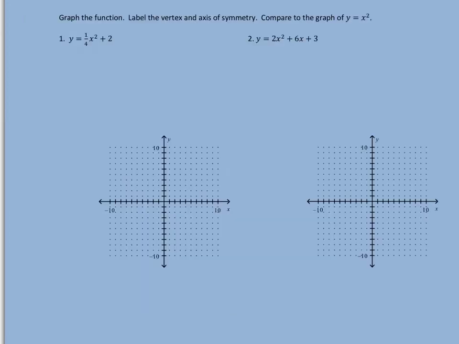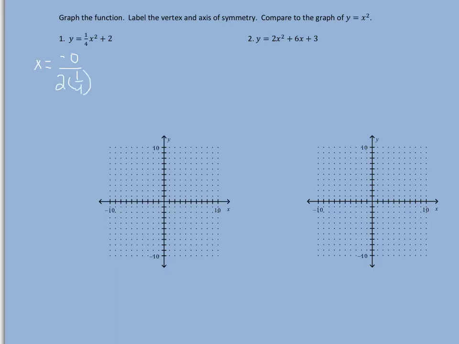So, label the vertex and axis of symmetry and compare to y equals x squared. Okay. So, it says label the vertex and the axis of symmetry. Well, if you remember, we can get the axis of symmetry by saying x equals negative 0 divided by 2 times 1/4.